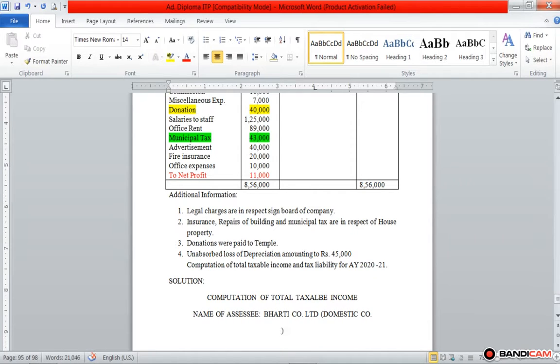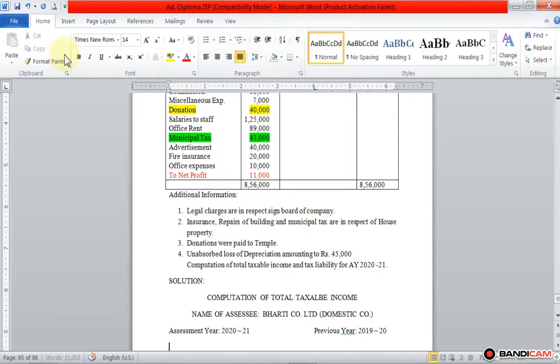Then the assessment year is 2020-21, and the previous year is 2019-20.